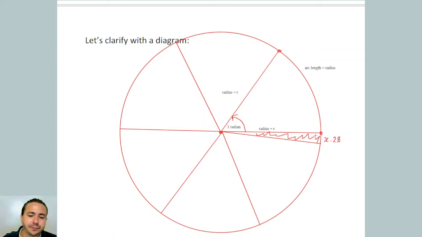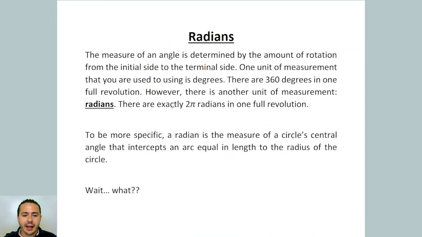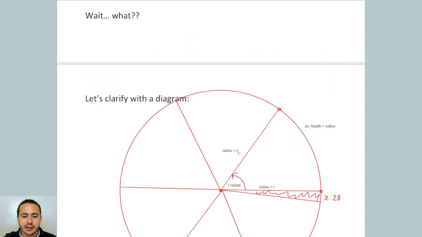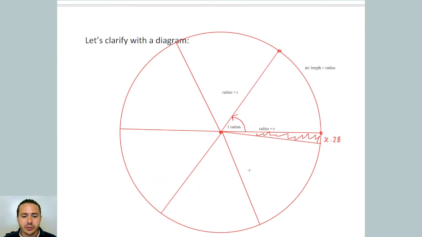And so what I was talking about before is that there are exactly 2 pi radians in a revolution, where 2 pi is approximately 6.28, right? So you can kind of see that visually here. Hopefully you're starting to get a feel for how big a radian is.